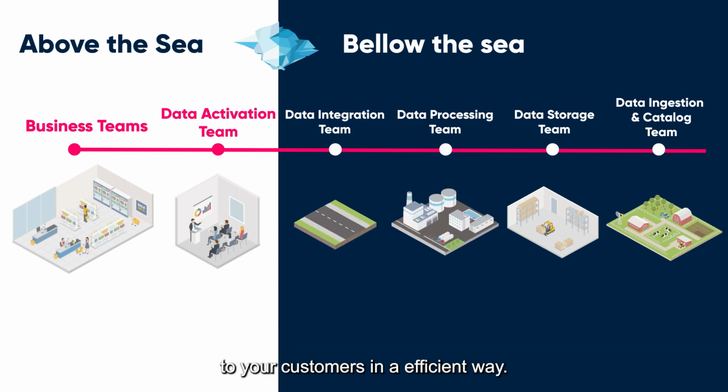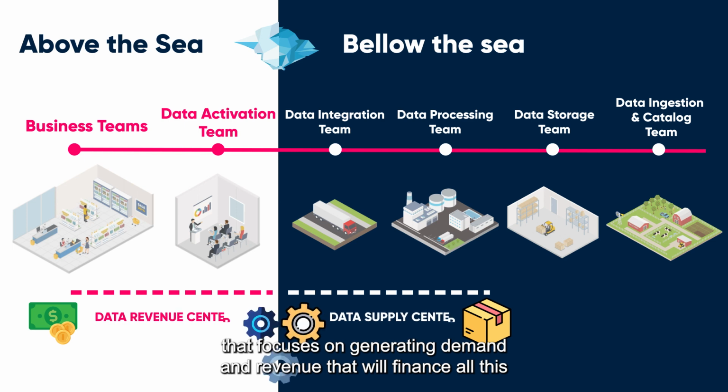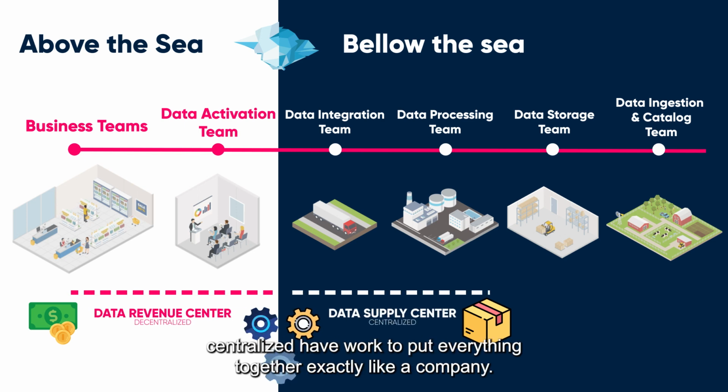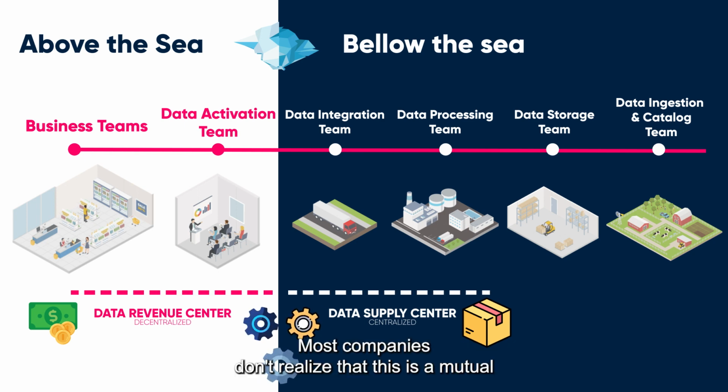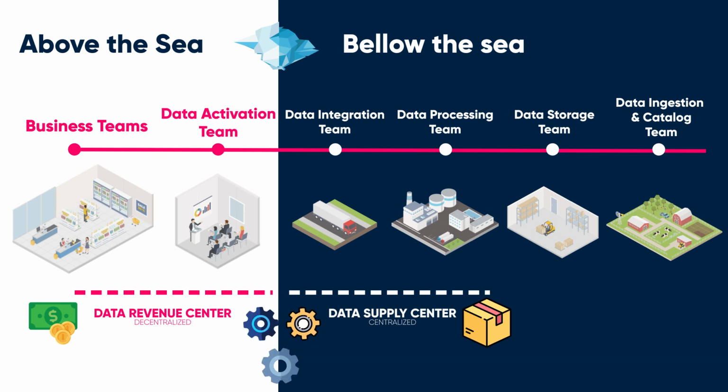in an efficient way. Now you can see that we have a decentralized model that focuses on generating demand and revenue that will finance all the centralized heavy work to put everything together. Exactly like a company. Most companies don't realize that this is a mutually existing process between centralization and decentralization.